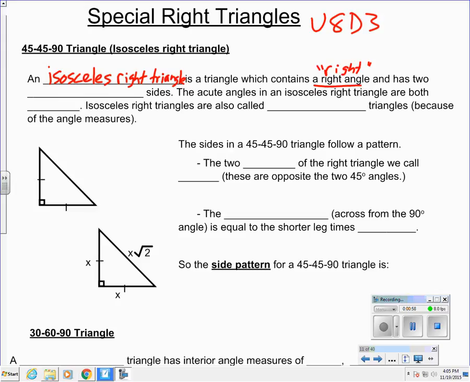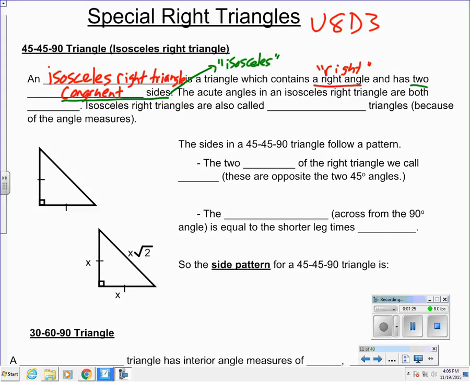It also has two congruent sides. Two congruent sides are what makes it isosceles. For instance, right has a right angle, isosceles has two congruent sides, so isosceles right triangle.